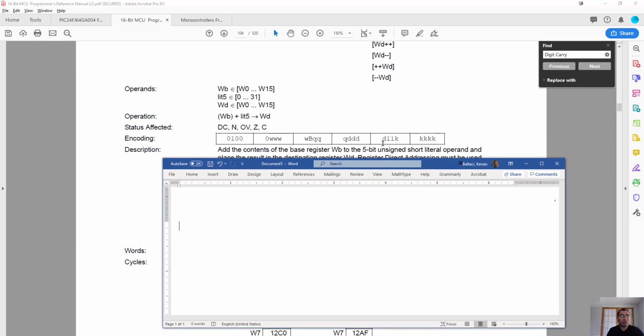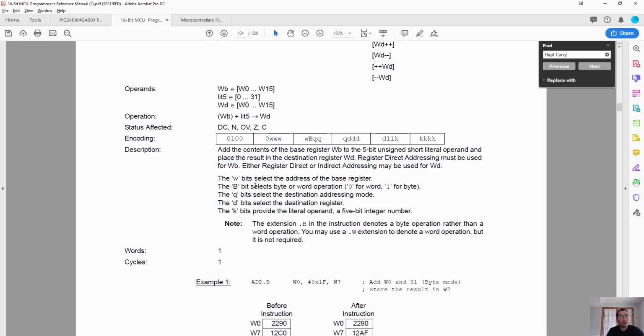Again, it's a 24-bit encoding, so you have constant values that you cannot change. So I have 0, 1, 0, 0, and then another 0 here, and then WWW. What is that? W bits select the address of the base register.